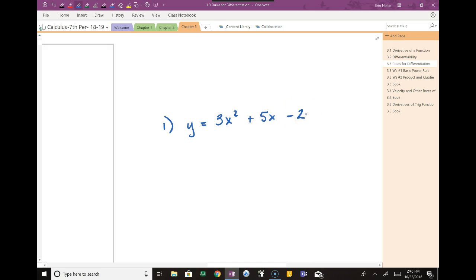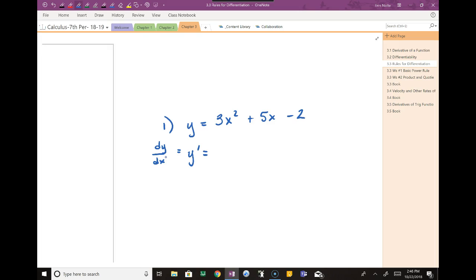If I say find the derivative, we've been using the notation y prime for the derivative, right? That same notation would be dy/dx, which you saw previously. d/dx just means we're deriving in terms of x.